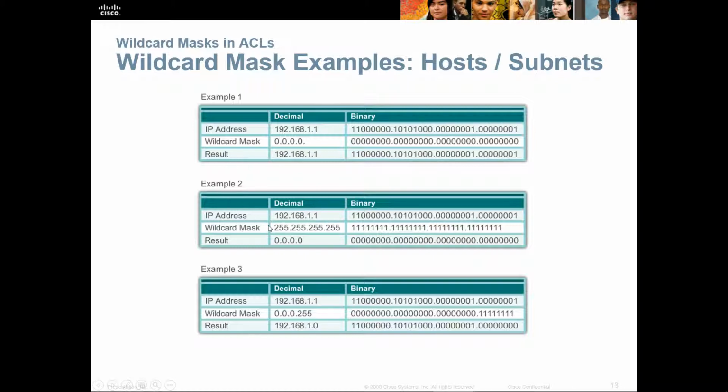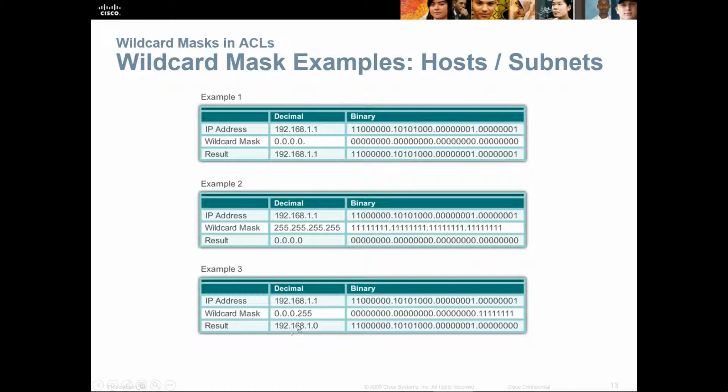If we do 255.255.255.255, the ones will not match, and so that means the result will be any network. If we do 0.0.0.255, the 192.168.1 are locked in, and we get just the last octet that's editable.